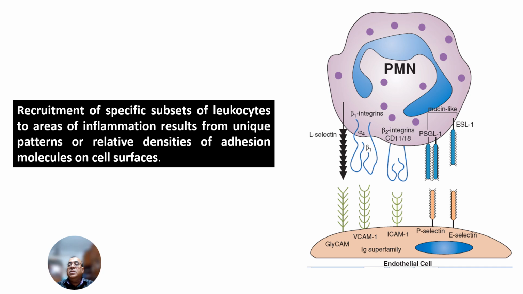The neutrophil expresses ESL1, the ligand for E-selectin, and PSGL1, the ligand for P-selectin, on its surface, and they interact with P- and E-selectin on the endothelial surface respectively, while beta 2 integrin interacts with ICAM1, and beta 1 integrin interacts with VCAM.